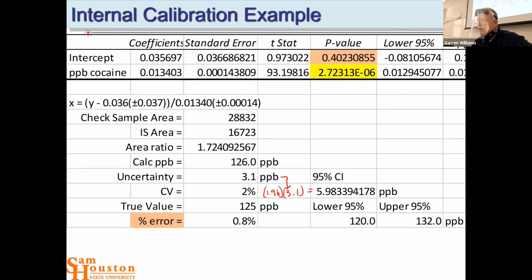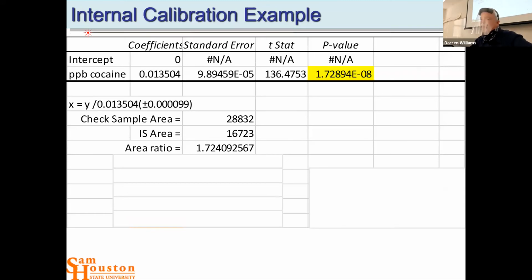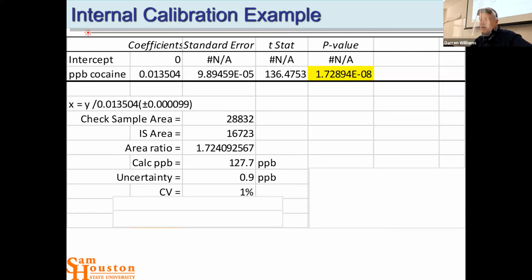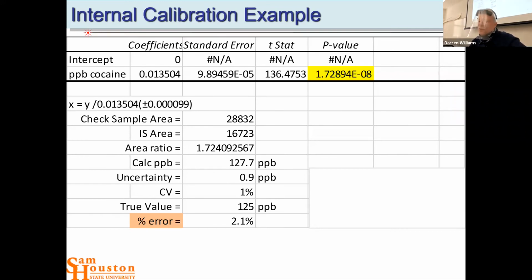All right, great question. So then we set that B equal to 0 and redo the regression. So we get a new check sample area, a new internal standard, and we take the area ratio. And now we're calculating 127 parts per billion. Our uncertainty improved greatly, 0.9 parts per billion. So now our CV is 1%, but the true value is 125, and our percent error is 2.1%.